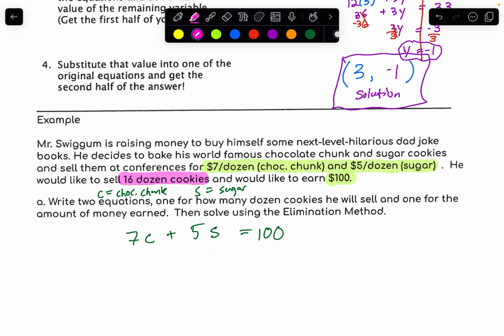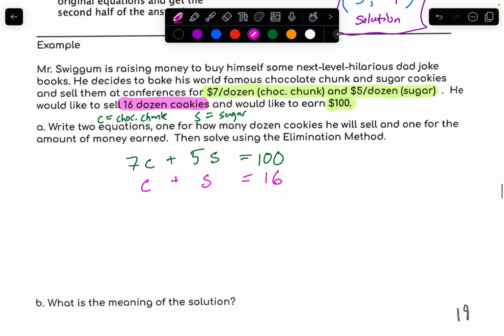So that just means that my chocolate chunk dozen plus my sugar cookie dozen have to total up to 16 dozen. All right, C stands for chocolate chunk dozens, and S stands for sugar cookie dozens. All right, so let's look at this now. Notice that our coefficients are not the same, okay?